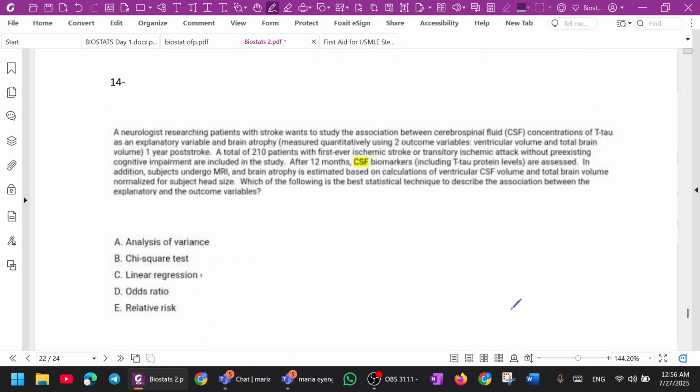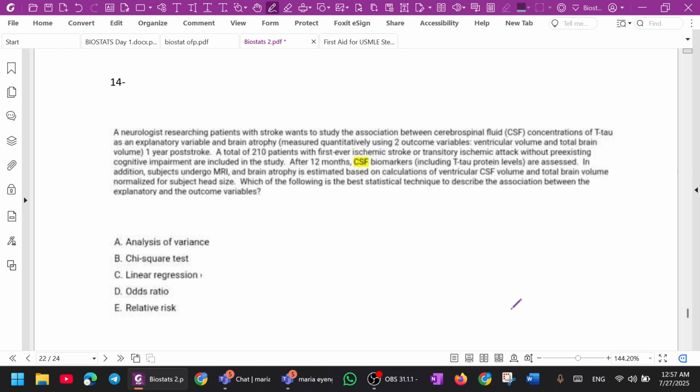Next. A neurologist researching patients with stroke wants to study the association between the cerebrospinal fluid concentration of tau as an explanatory variable and brain atrophy measured quantitatively using two outcome variables, ventricular volume and total brain volume, 1 year post-stroke.